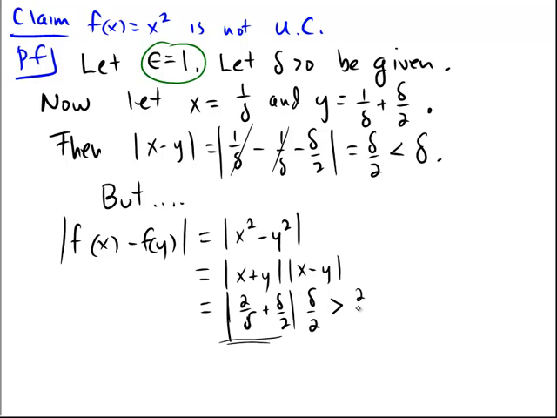So go 2 over delta multiplied by the delta over 2, and what is that equal to? Well, that's equal to 1. In other words, that's epsilon.